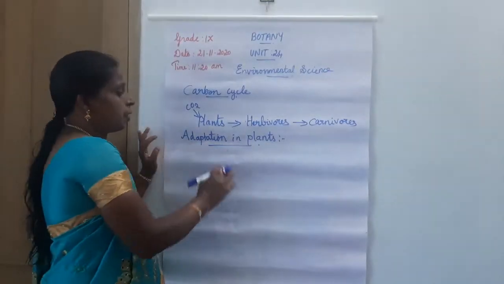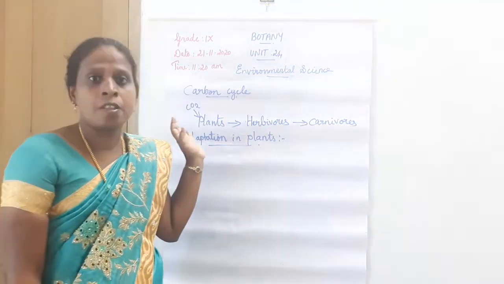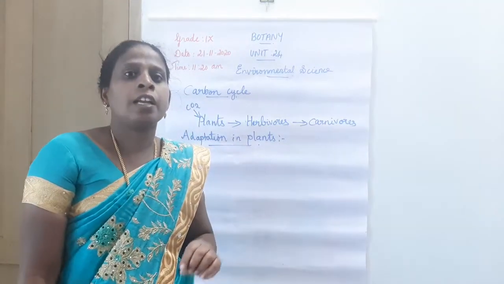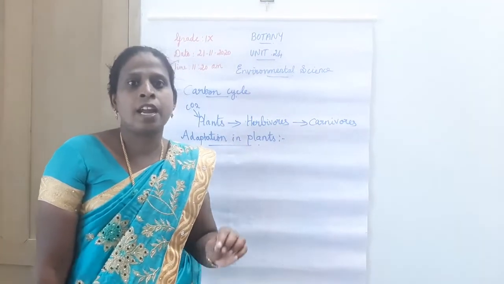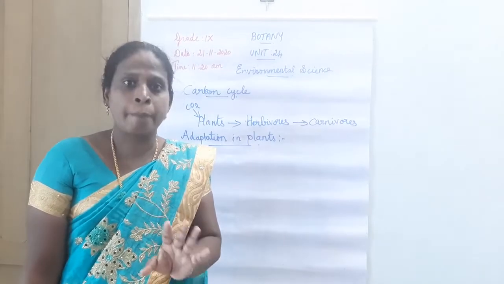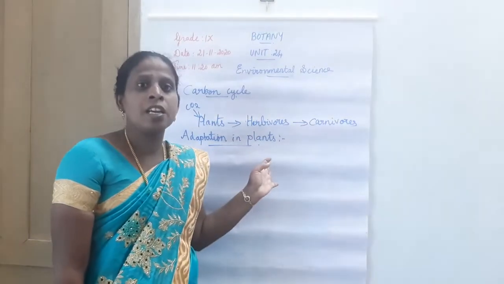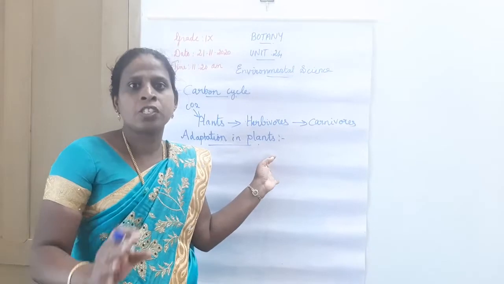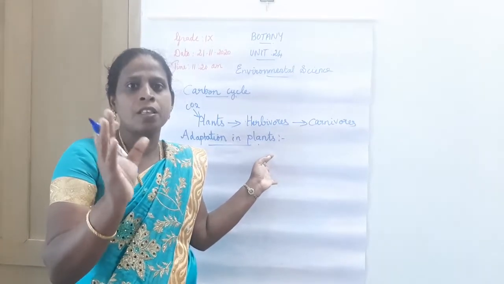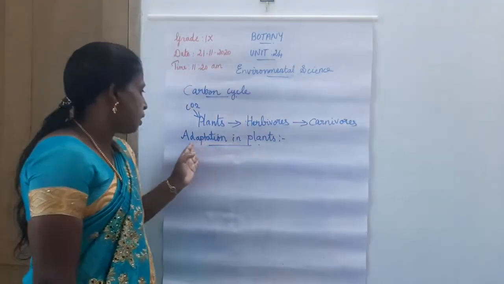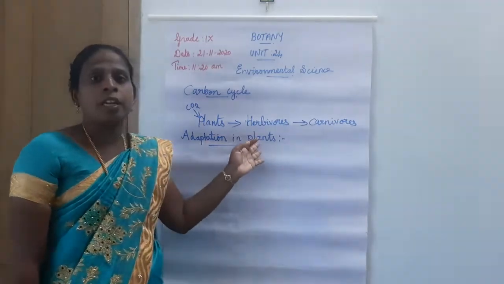Adaptation is any feature of an organism or its parts that enables it to exist under the condition of its habitat. What is a habitat? The living place. Based on the habitat, their living features are changed. That is called adaptation.